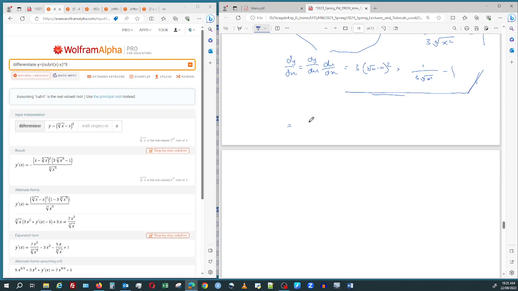So if I do 3, I'm just going to spend a little bit of time doing this. X squared over times 3. No, that's not right. I don't need to do that because that's a square.